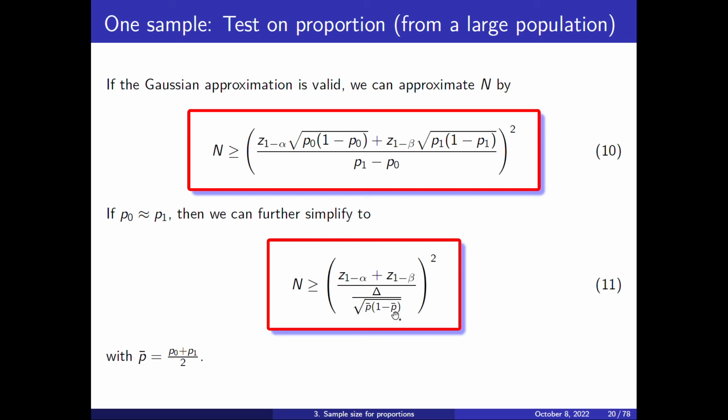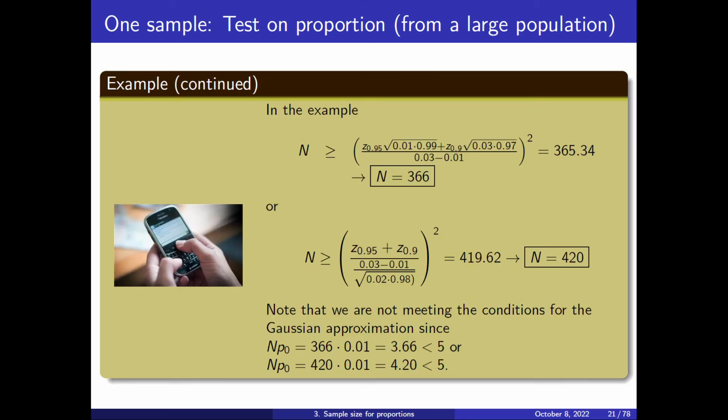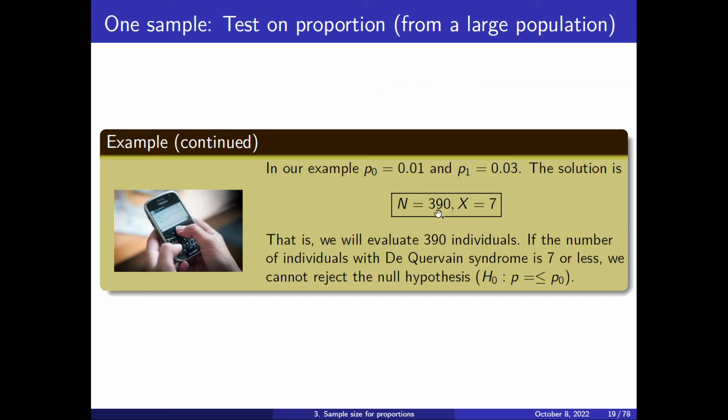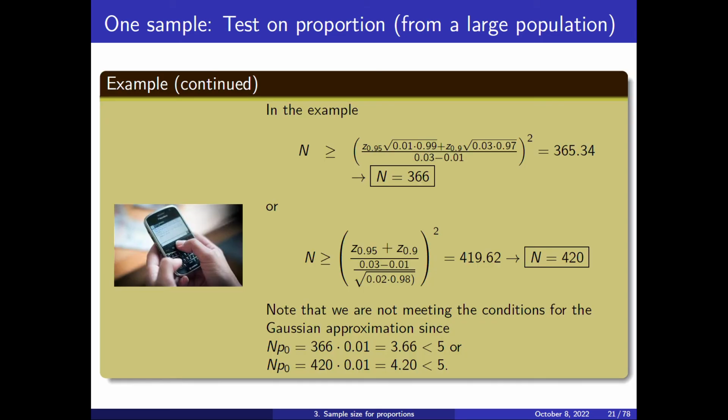So there are simple formulas to calculate these kinds of things. For instance, in this example, the approximate formulas give 366 for one of them and 420 for the other, and these numbers, 366 and 420, are pretty close to the exact solution, 390.